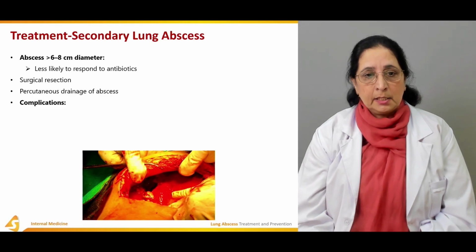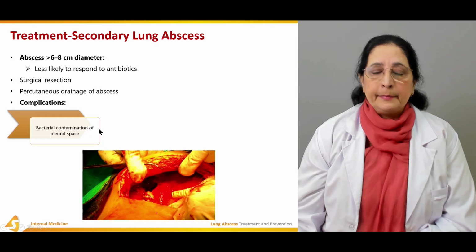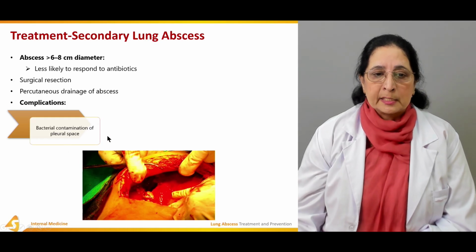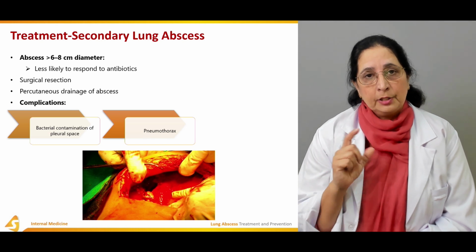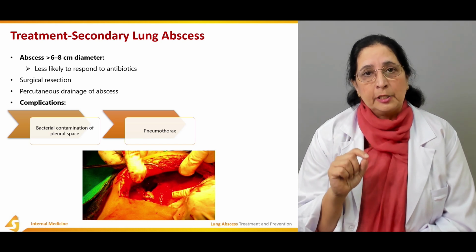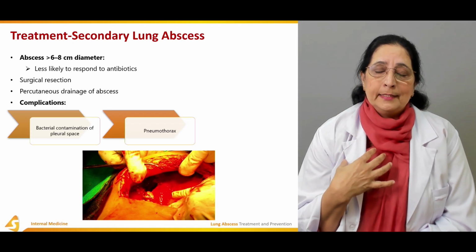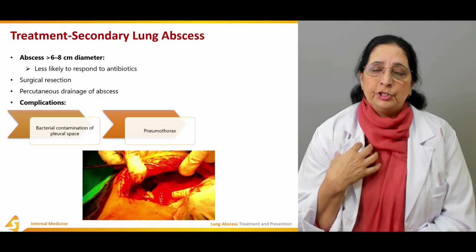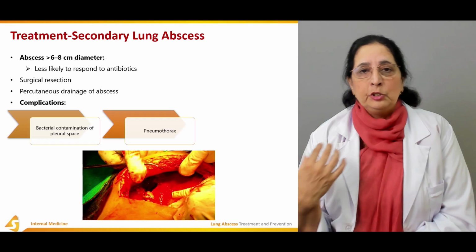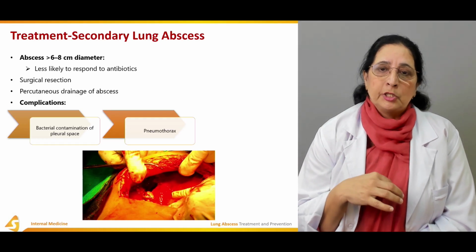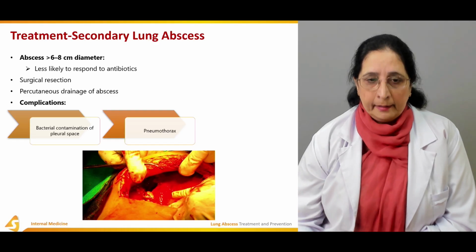Complications associated with the lung abscess: we have bacterial contamination of the pleural space. Pneumothorax, we mentioned that with needle aspiration, pneumothorax can occur, in which air is present in the chest cavity, and that pneumothorax needs to be drained with a continuous tube, causing continuous drainage of the air.